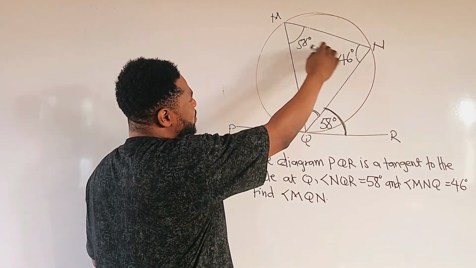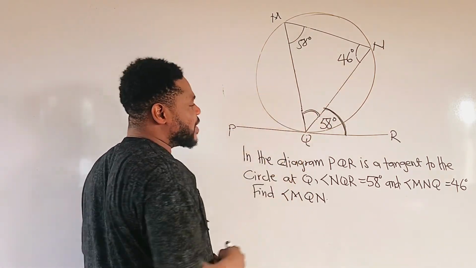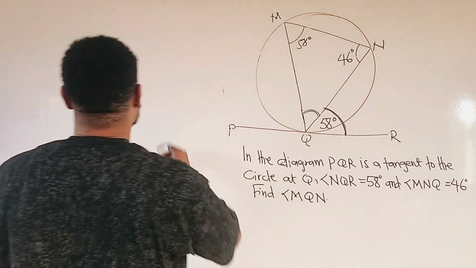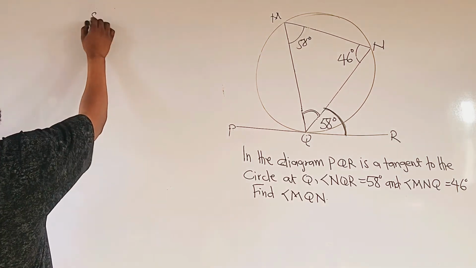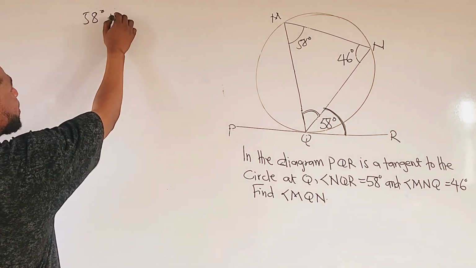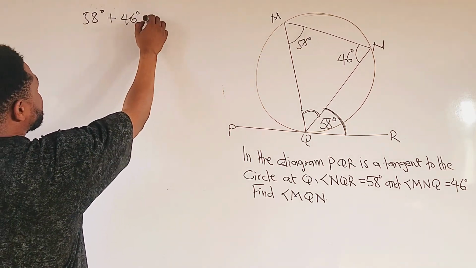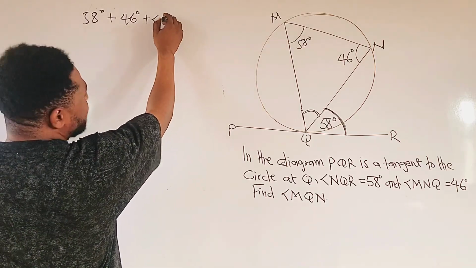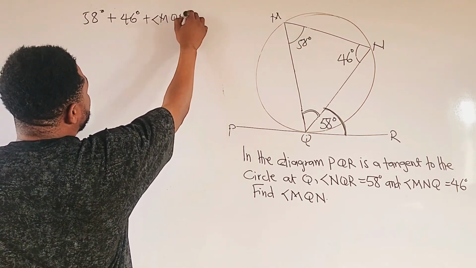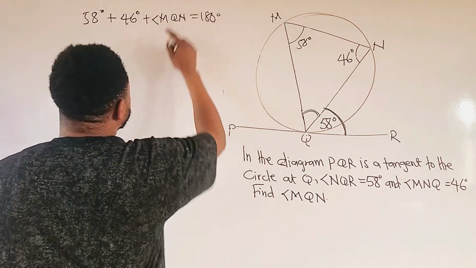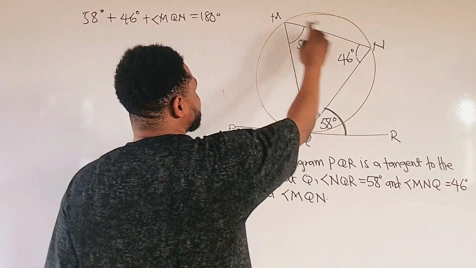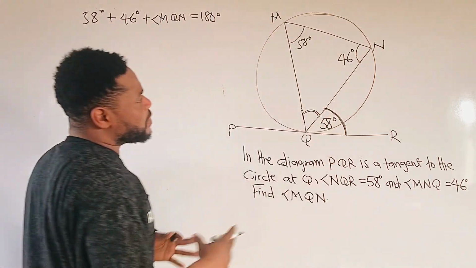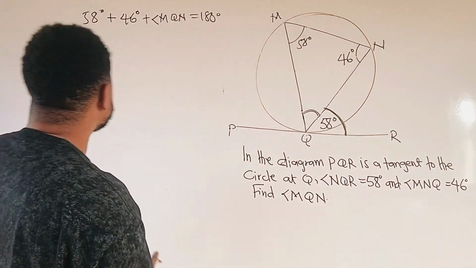Now with this angle and this angle, we can find the angle at Q. Let's see how we can do it. We can say that 58 plus 46 plus angle MQN should be equal to 180 degrees, which means when we sum all the angles in a triangle, we must equate it to 180 degrees.